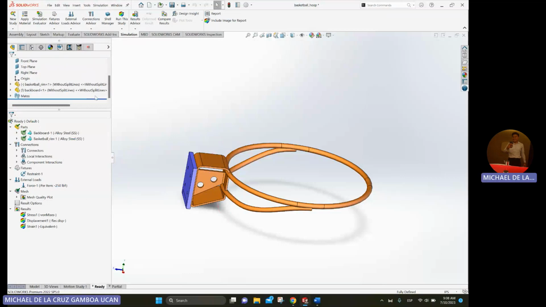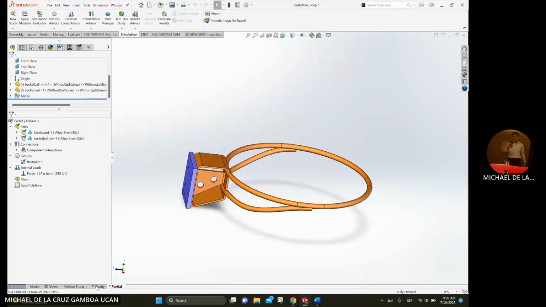Ready on here and partial on here. As a result of this tutorial, 3 graphs are observed in relation to stress, displacement, and the equivalent force. We can observe how the object changes and suffers stress in almost its entire area when applying a force.